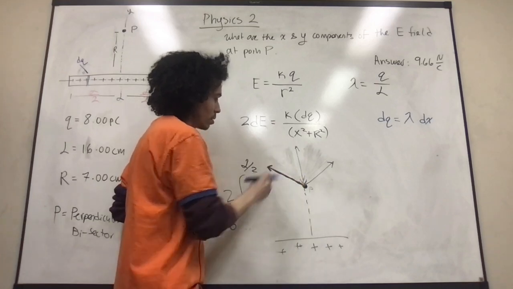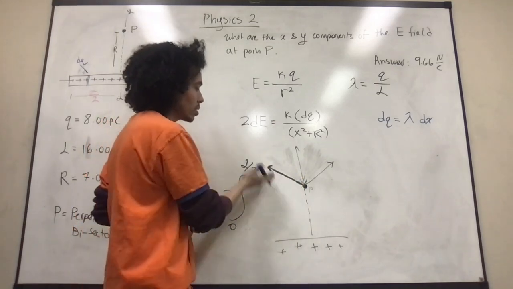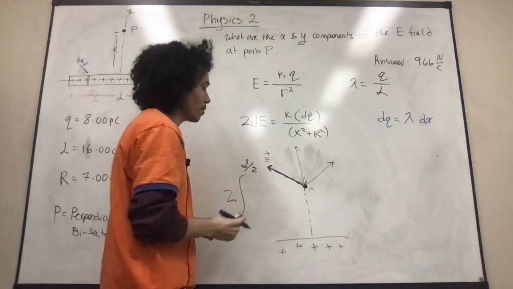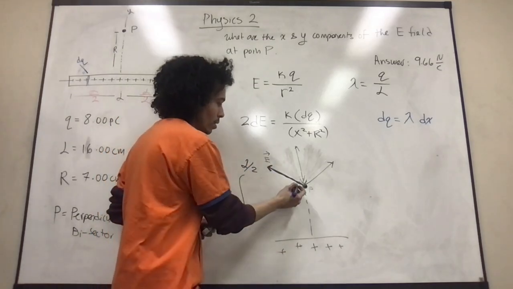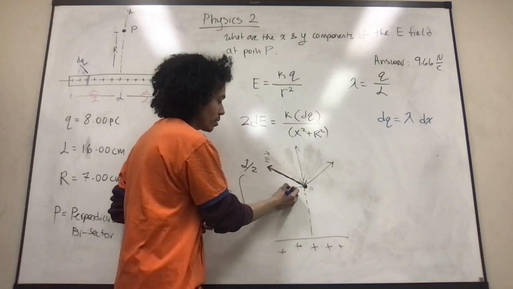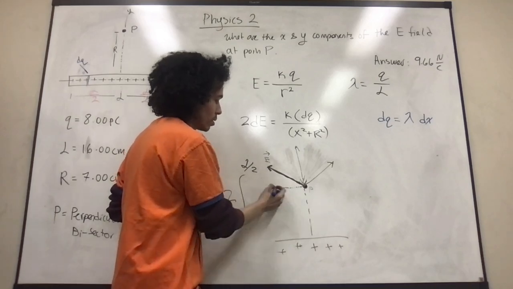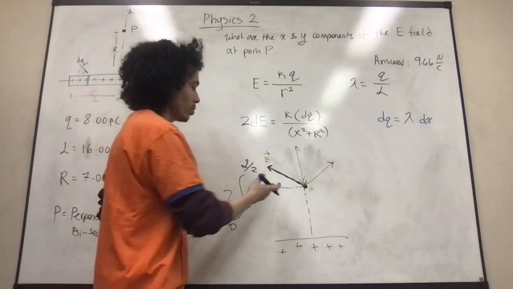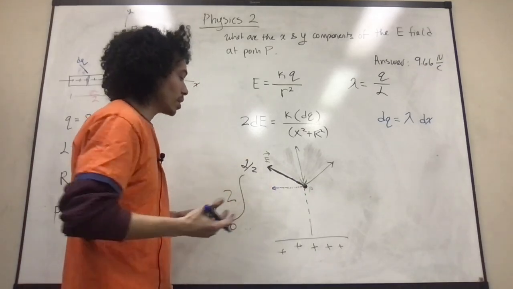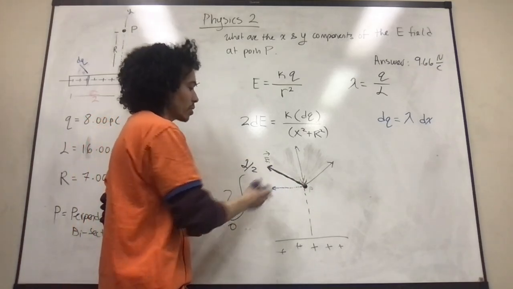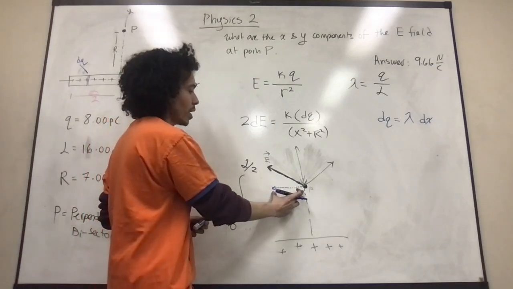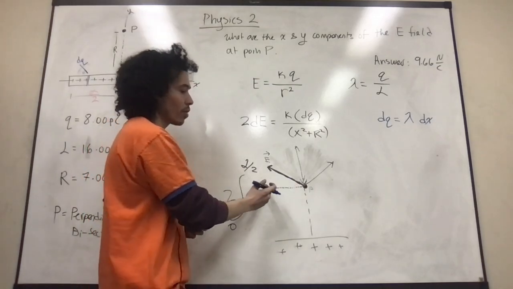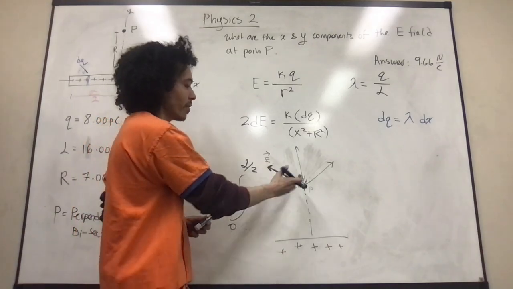Say this is your E vector. Its x component will be a length that shows the horizontal coverage of the vector, because the vector is at an angle.